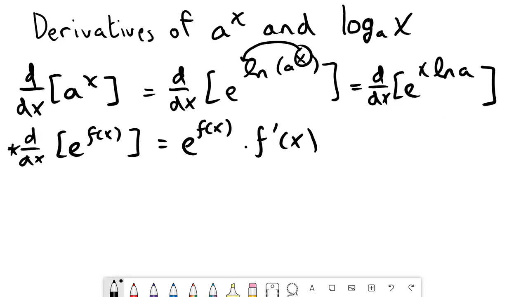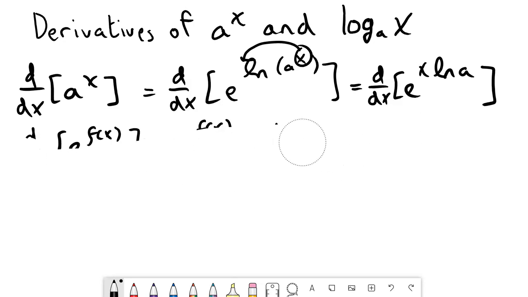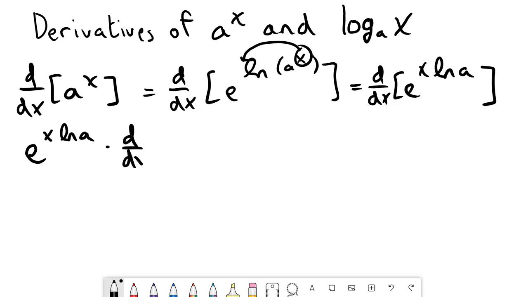So I'm going to erase this now so I can have space here. The derivative with respect to x of e to the x natural log of a. Now I want the derivative of the inside. Notice that we can find this, because natural log of a is a constant in this case. So I can take that out, and I'm just finding the derivative with respect to x.